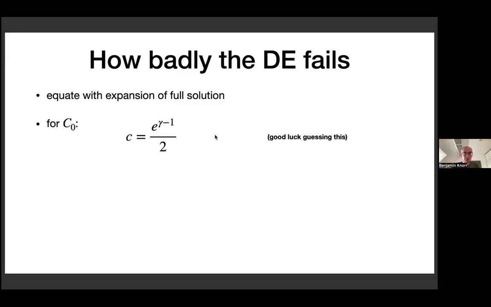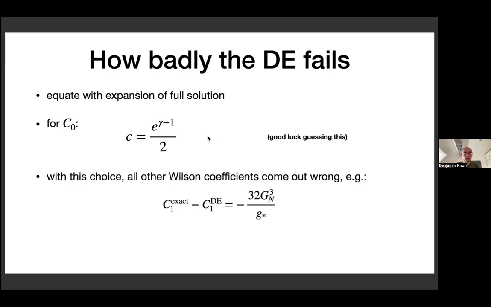Let's make some assumptions. And let's try to use the same identification for the others, so C1, C2, C3, and so on, and compare. And you compare and you find your other coefficients or Wilson coefficients are off. So it's not the right scale identification.